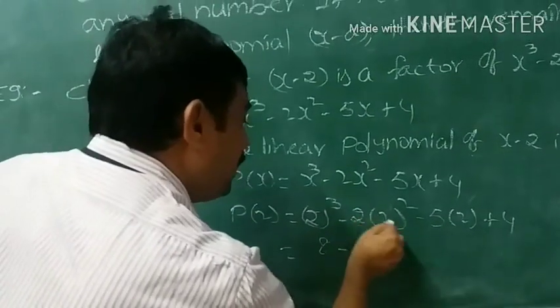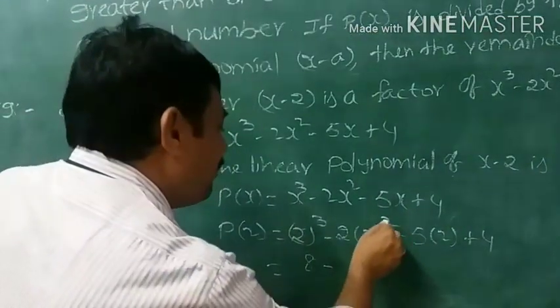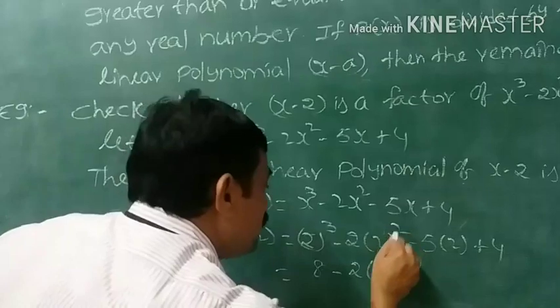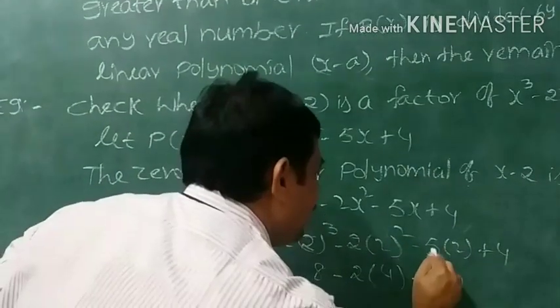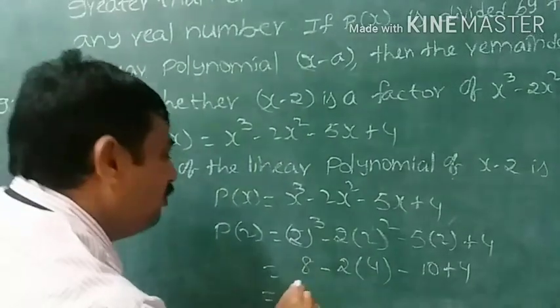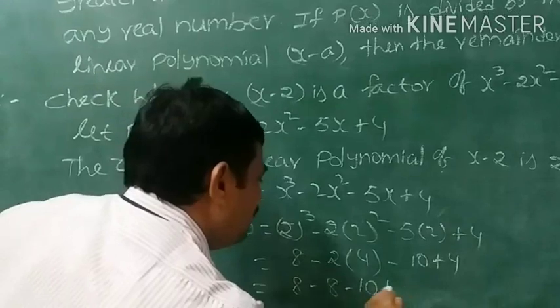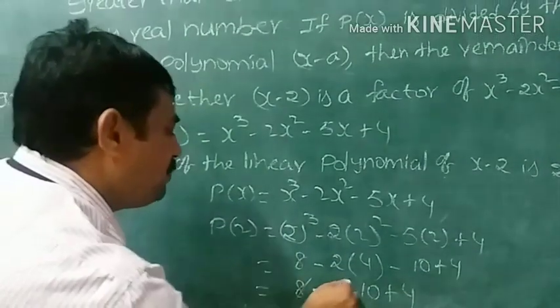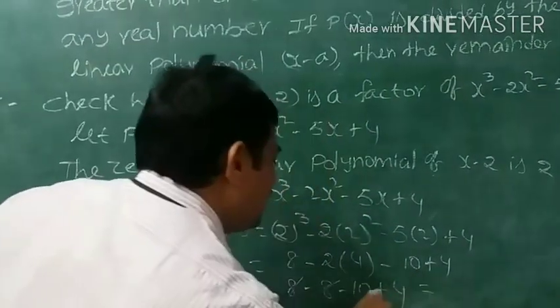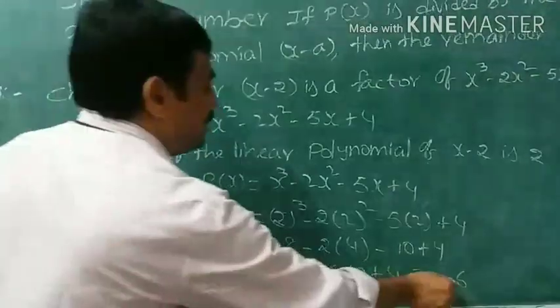Minus, we should not multiply 2 twos first. Why? Because here a power is there, so first of all simplify that power. 2 square is nothing but 4. Minus 5 twos are 10, plus 4. Now 8 minus 4 twos are 8, minus 10 plus 4. Now plus 8 minus 8 will get cancelled. So minus 10 plus 4 becomes minus 6. Why? Because the bigger number is negative.